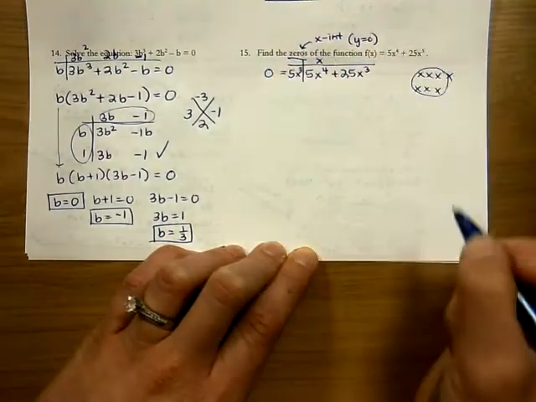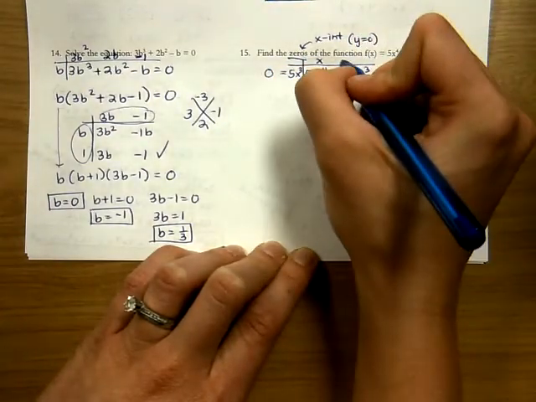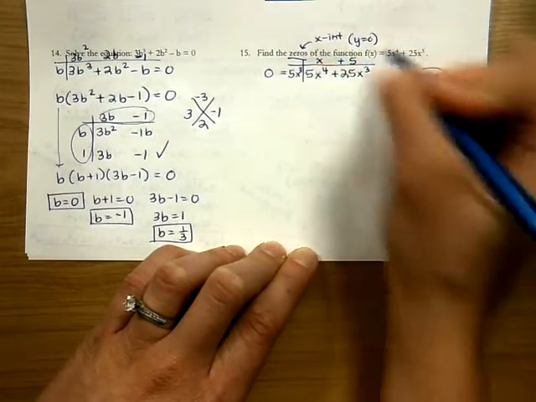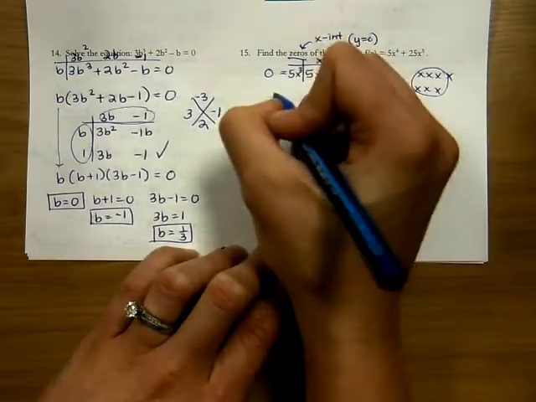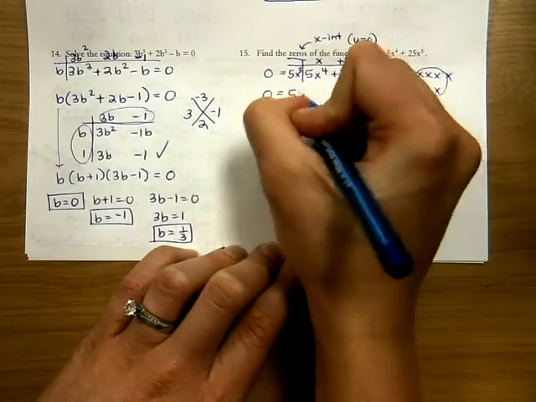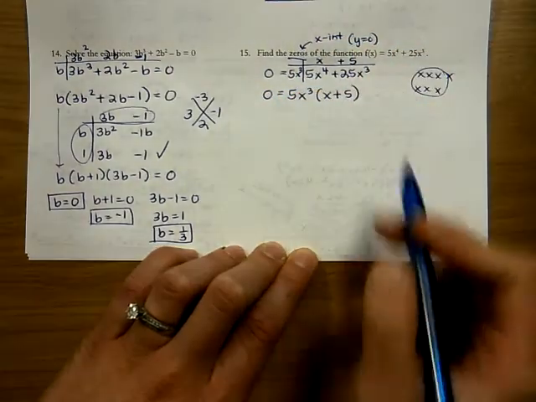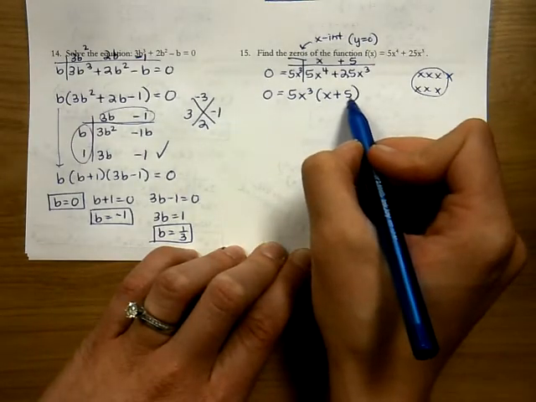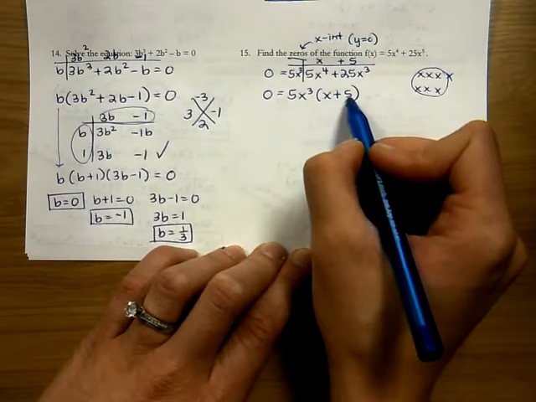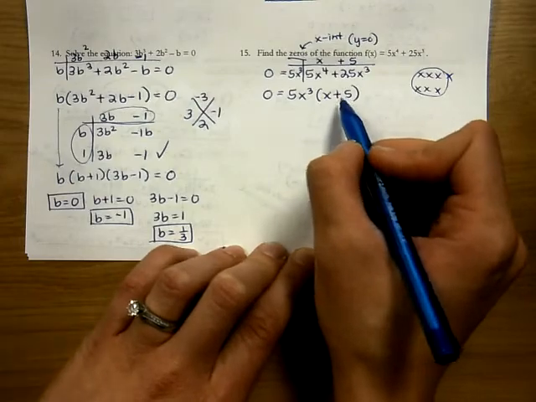5x to the third times x is 5x to the fourth. 5x to the third times a positive 5 is 25x to the third. So I have 0 equals 5x to the third times the quantity x plus 5. I look in here, and because that's a linear factor, I do not have to continue factoring, it's just ready to go.